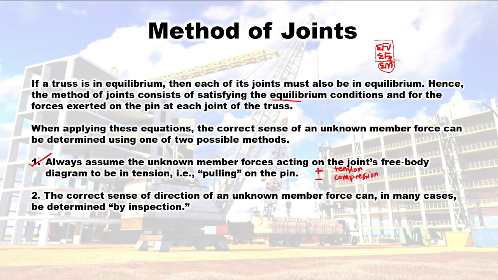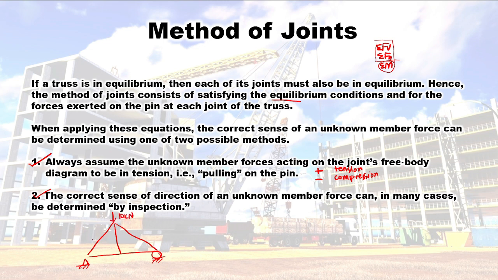Now, second is the correct sense of direction of an unknown member can, in many cases, be determined by inspection. We can already assume kung tension ba siya or compression. Say we have this truss. Ayan. Then, simply supported there. Then, I will place a 10 kilonewton here.